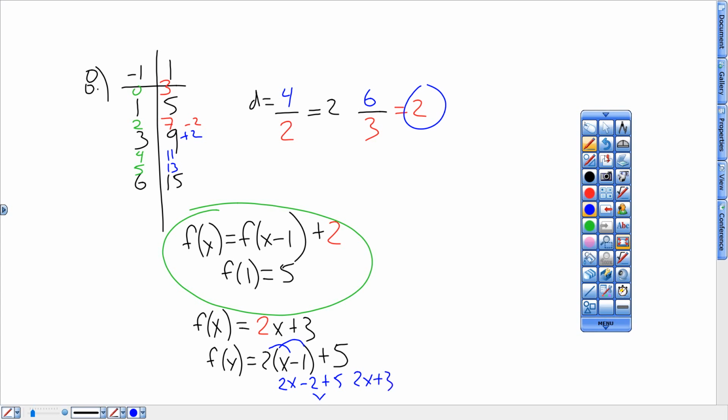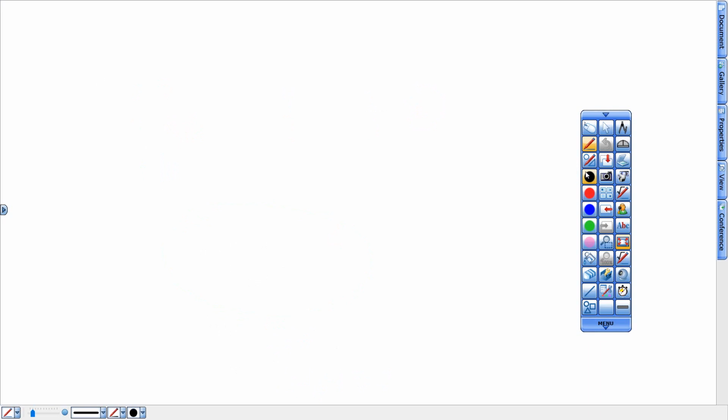Number 9. 9 has you find which one is geometric.